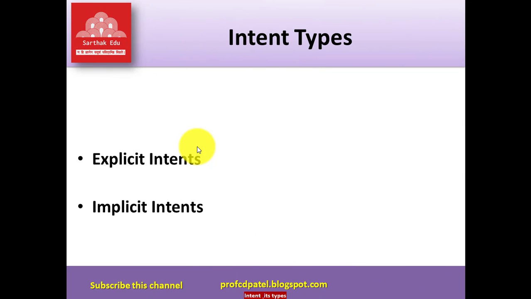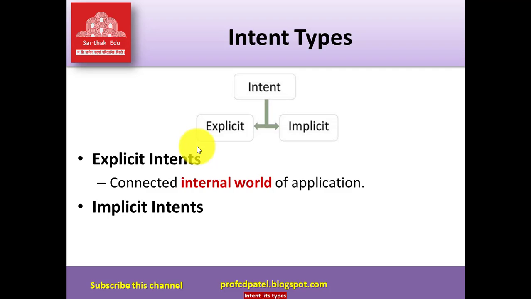Now we are going to understand how many types of intents there are. There are basically two types. The first one is called explicit intent and the second one is called implicit intent. Explicit intent is used to connect the internal world of an application.